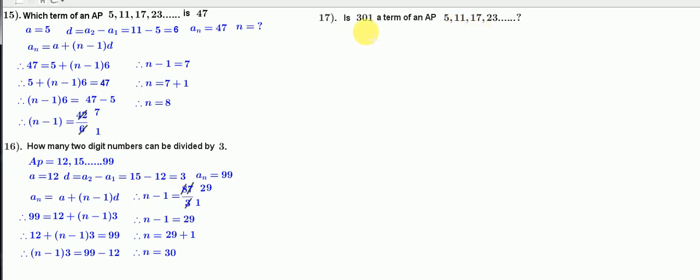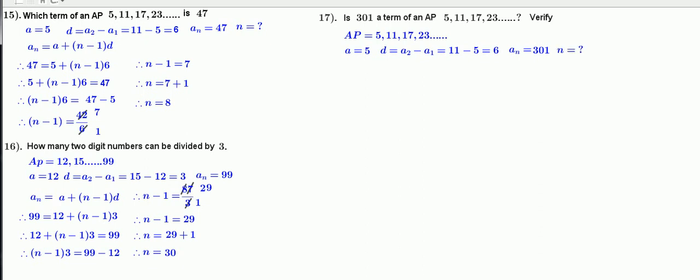Otherwise, 301 does not belong to the given AP 5, 11, 17, etc. Let us write the AP, that is 5, 11, 17, 23, etc. First term A is equal to 5. Common difference D equal to A2 minus A1, that is equal to 11 minus 5, that is equal to 6. Nth term An is 301.